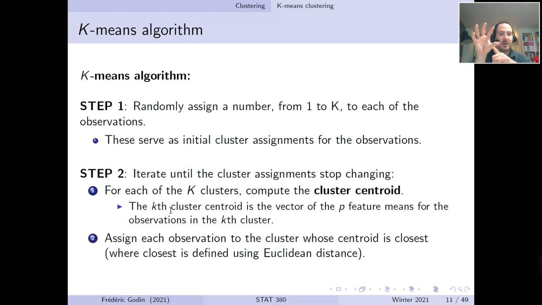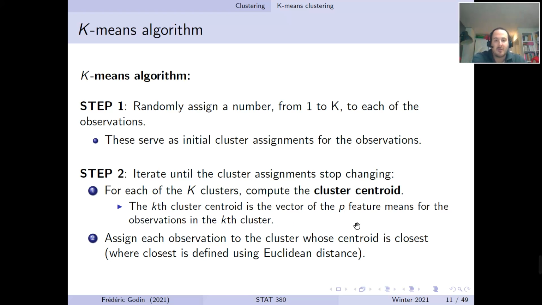And what is the centroid? The centroid is simply the sample average of all points within this cluster. Each point corresponds to a vector with p observations, so you can take the sample average, which is a vectorial average, and that corresponds to the centroid of that cluster. And you do that for each cluster. So you have capital K clusters, then you have capital K centroids computed at the end of this step.